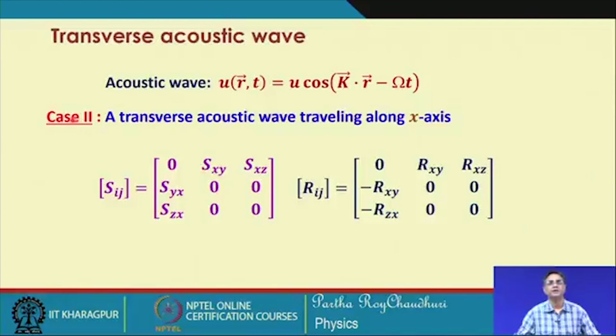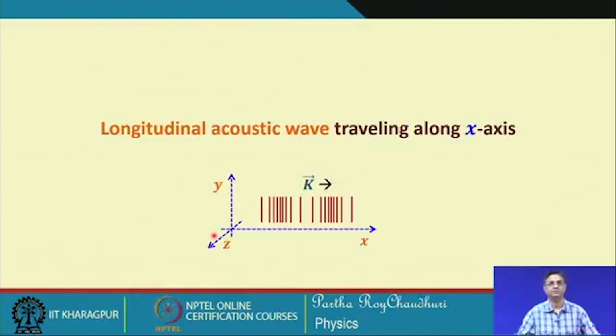So, in the case of a transverse acoustic wave, we can see that these elements S x y, S x z, S y z, S y x and S z x, and similarly the rotation matrices, will be present to represent the acoustic wave's amplitude.